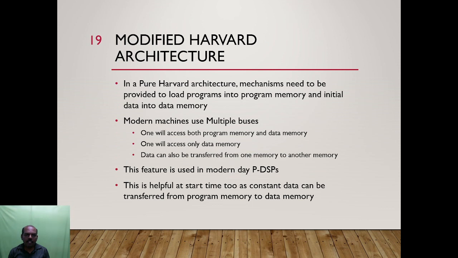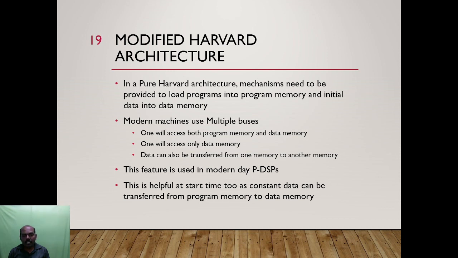Modifying Harvard architecture. In a pure Harvard architecture, a mechanism needs to be provided to load programs into program memory and initial data into data memory. Modern machines use multiple buses. One will access both memories, program memory and data memory.